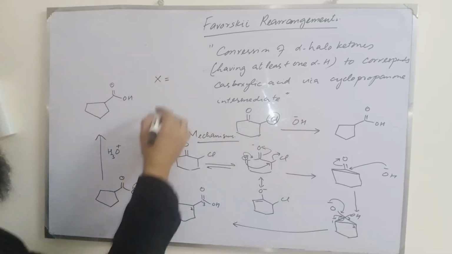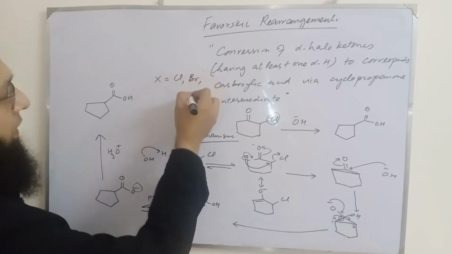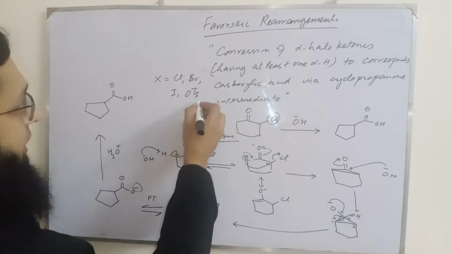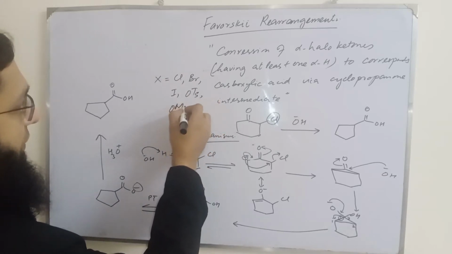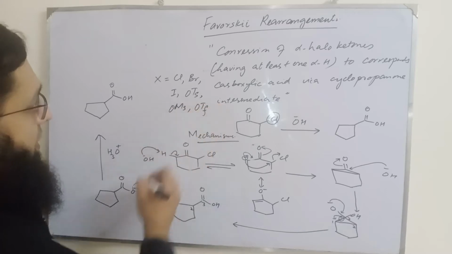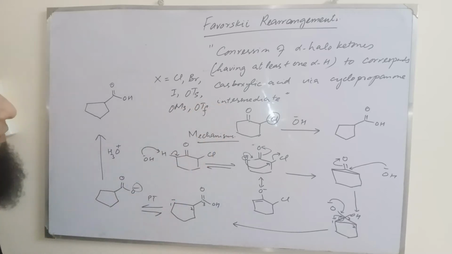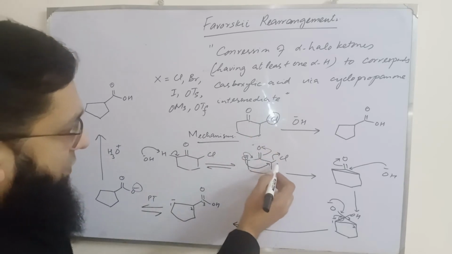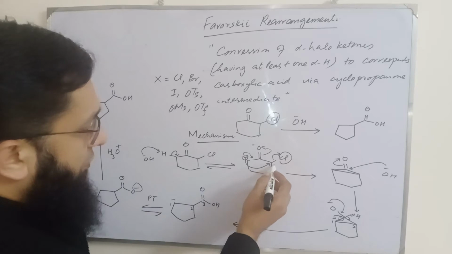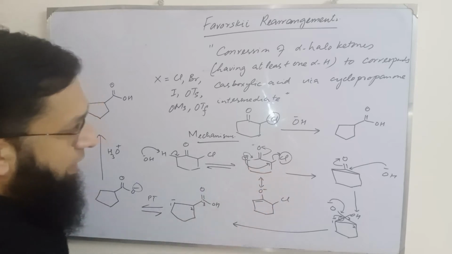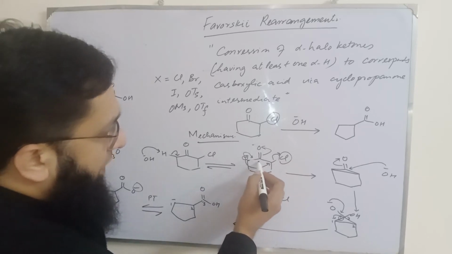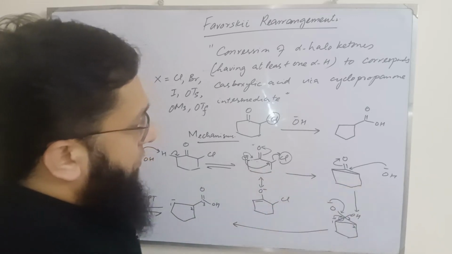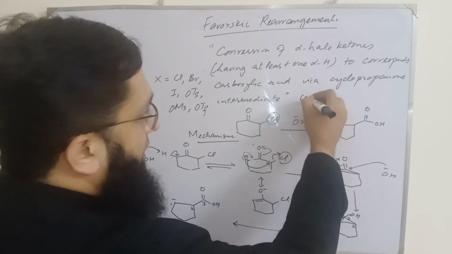We can use chlorine, bromine, iodine, tosylate, mesylate, triflate. So a lot of leaving groups can be used in place of chlorine here, and because it's a good leaving group, it would be displaced by this carbanion, and we will get a new bond between these two carbons, and as a result the cyclopropanone intermediate is formed. This is the cyclopropanone intermediate.